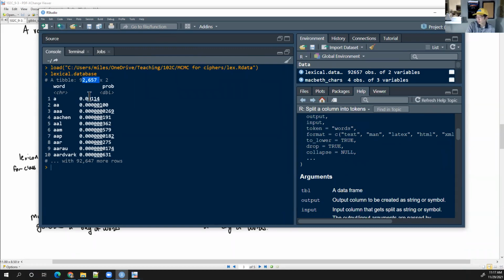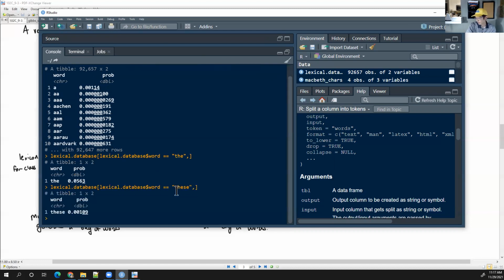We had 92,657 words, and each of these had different probabilities here, right?